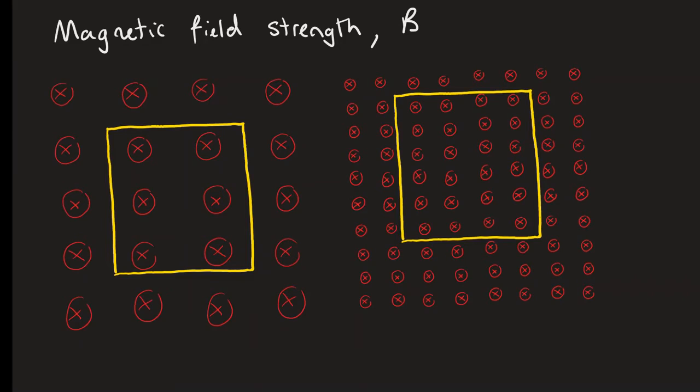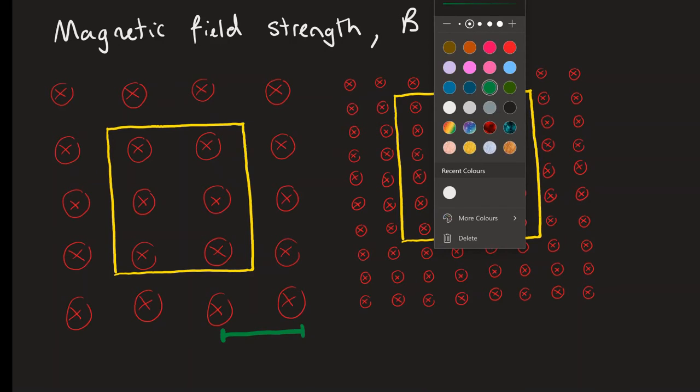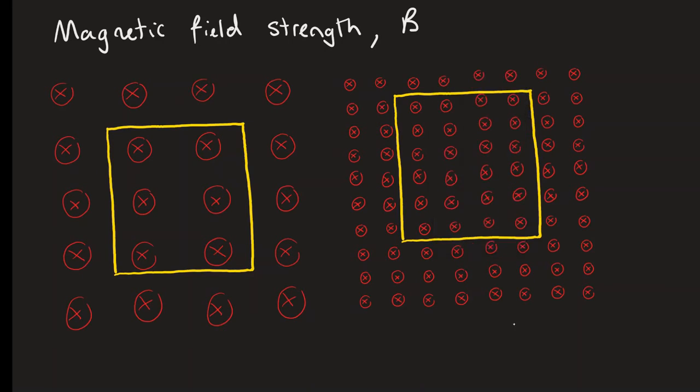Here we have two magnetic fields, and in each field there's a loop. The loops are identical to each other. The field on the right is 4 times stronger than the field on the left. We can sort of see this. If we say the separation between field lines for the field on the left is 2 relative units, but bear in mind that affects both the height spacing and the width spacing.